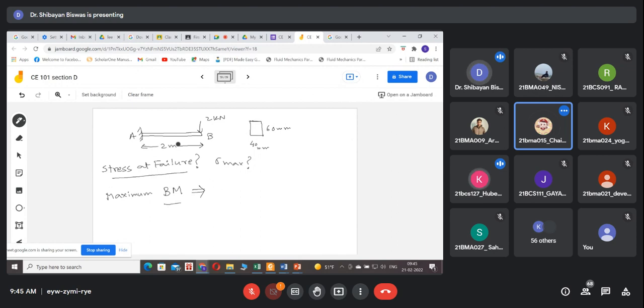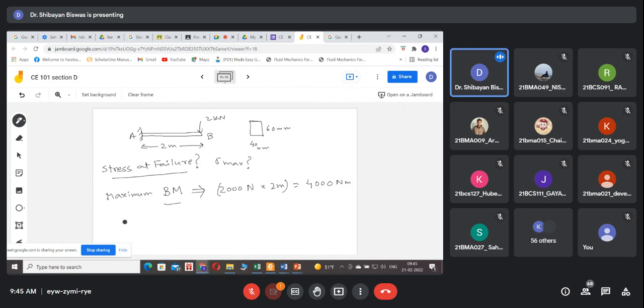So A. And what will be the value? 4 kilonewton meter, because this is simply W into L. So the maximum bending moment is 2000 Newton into 2 meter, or 4000 Newton meter.